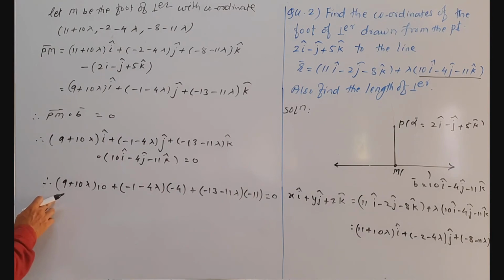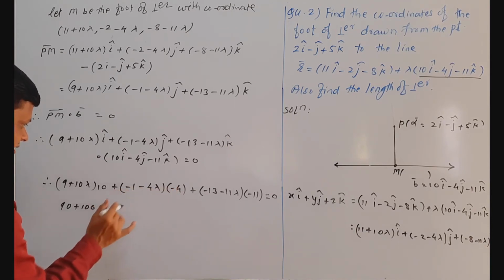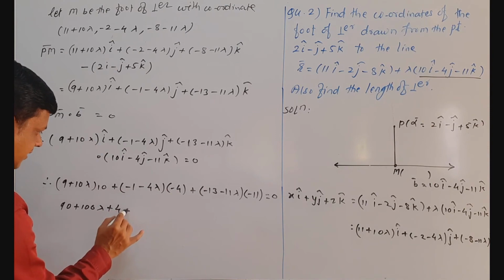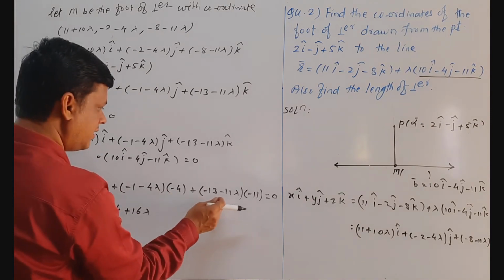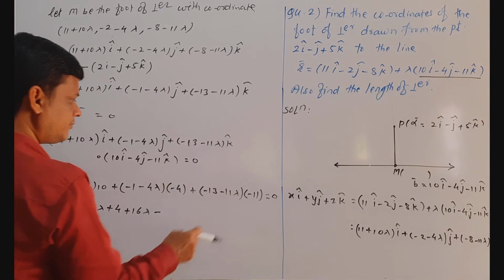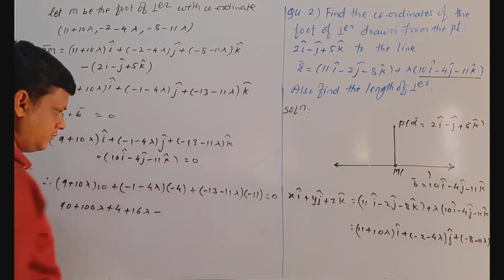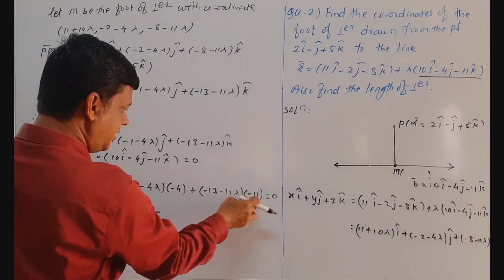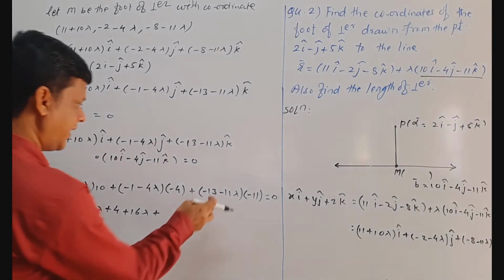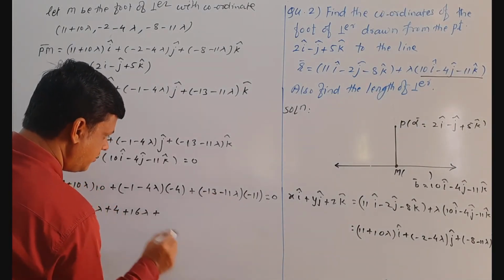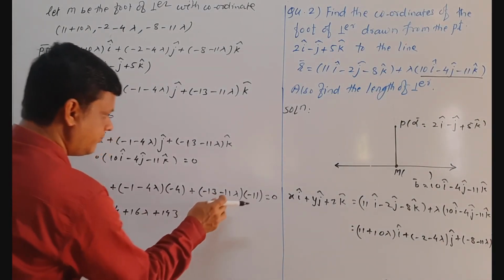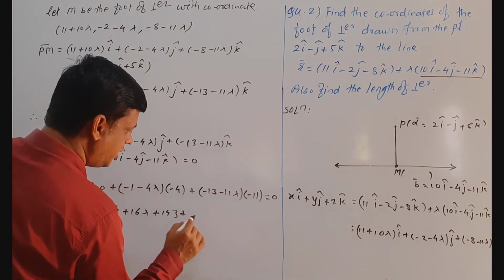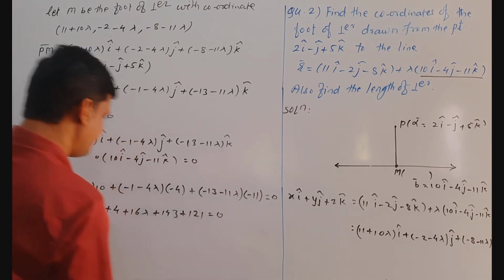So multiplying the first bracket, we get 90 plus 100 lambda; then multiply by minus 4, so plus 4 plus 16 lambda; then multiplying minus 13 with minus 11, we get plus 143, then plus 121 lambda, equals 0.